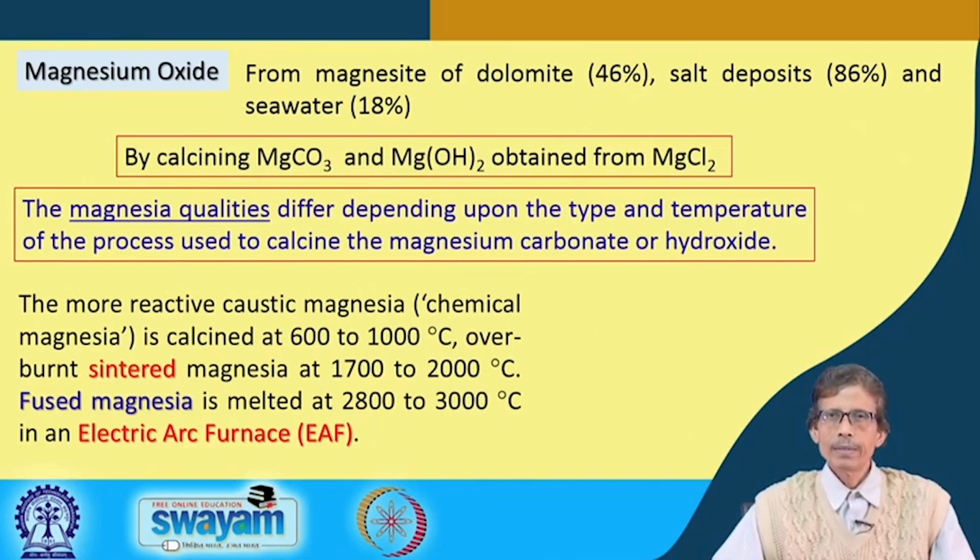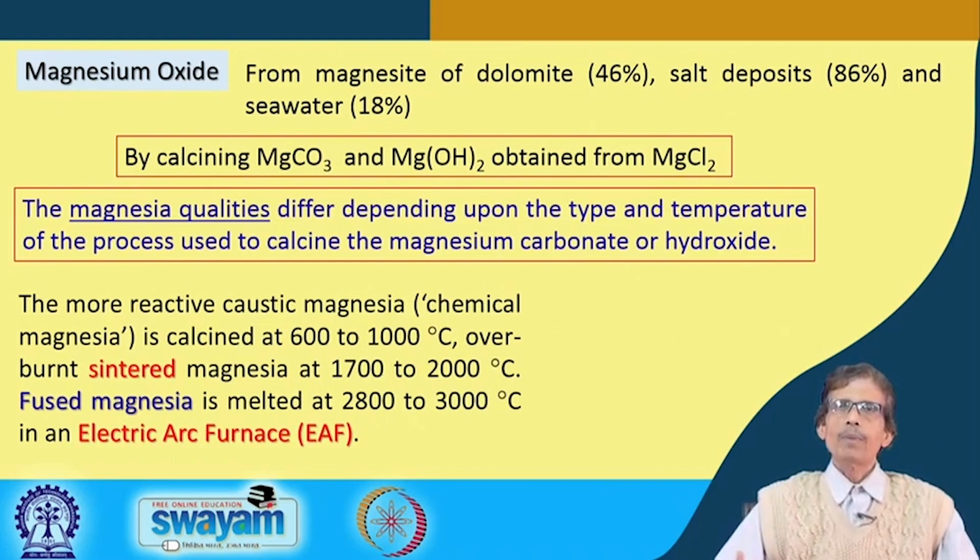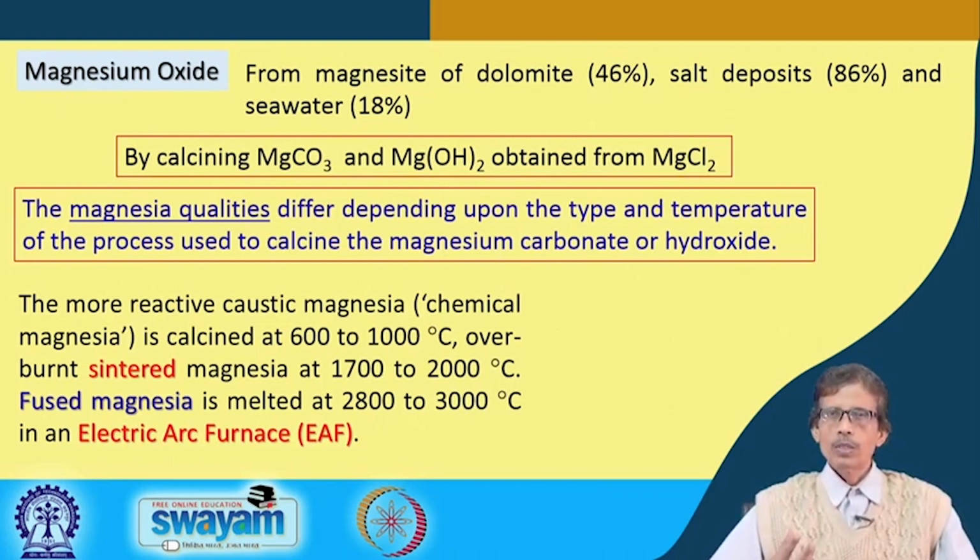Similarly, sintered magnesia is obtained in sintered form when you heat it at 1700 to 2000 degrees centigrade. That is sintered magnesia, and the other one is the fused one. Again, we have another type of crucible we call the fused silica crucible, which means the material used is fused silica.